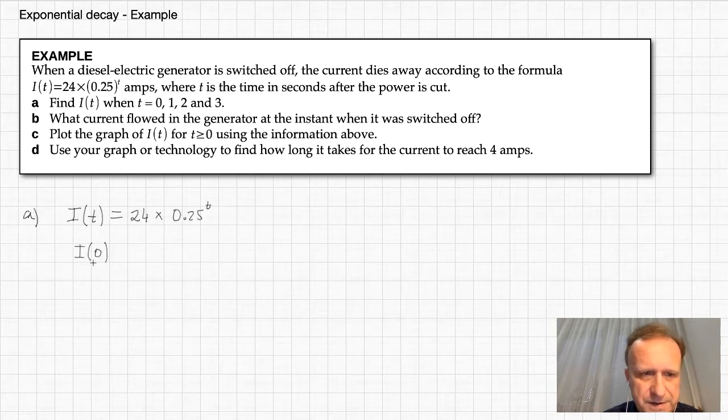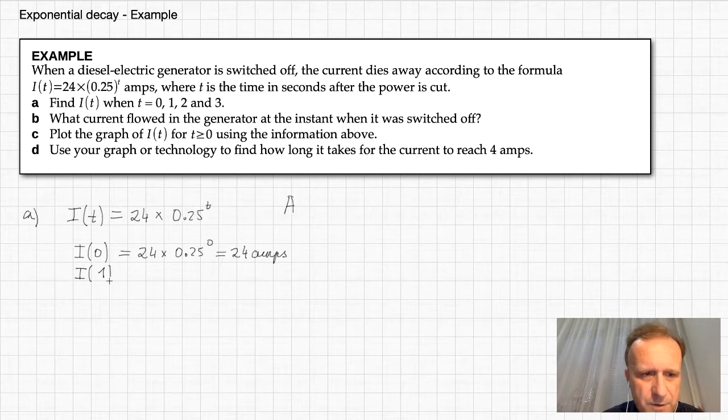The current at the moment when time is 0 is 24 times 0.25 to the power of 0, which is, since everything to the power of 0 is just 1, 24 amps. It's like amperes. This is the unit of current, and in the Slovak curriculum you use this symbol A for ampere. Okay, so 24 amps.